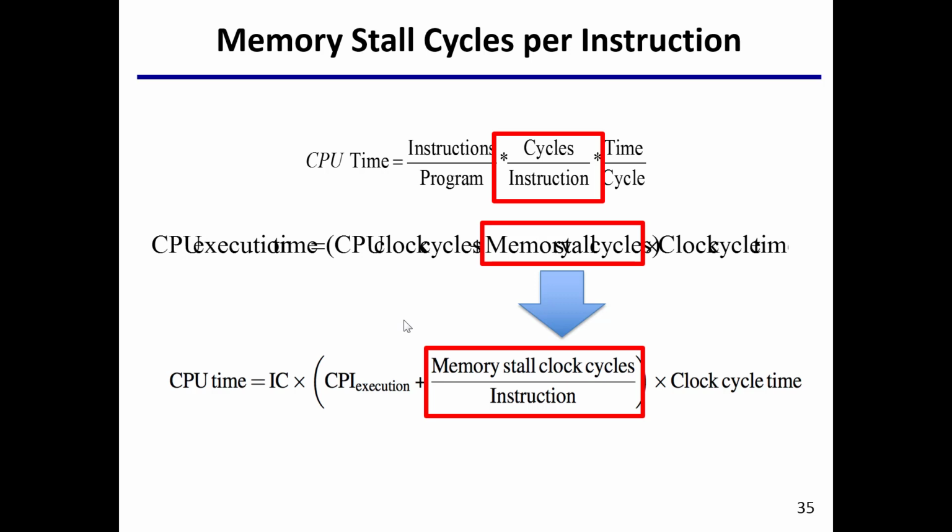If I have a memory intensive program, that program's runtime will be affected to a greater degree by the average memory access time than a program that doesn't access memory as often. So how do I tie everything together? Well, I have to calculate the number of memory stall cycles per instruction on average, and I have to incorporate this into CPI.